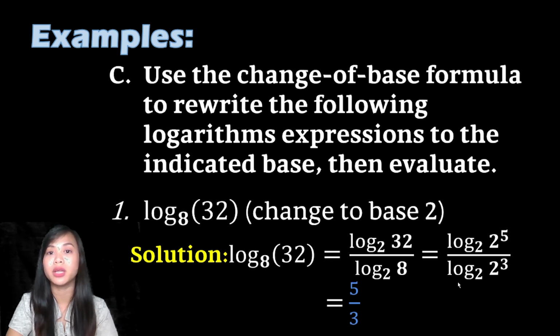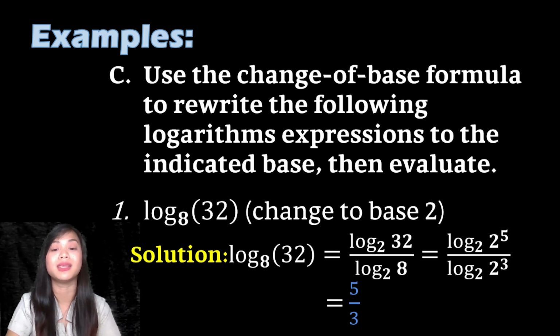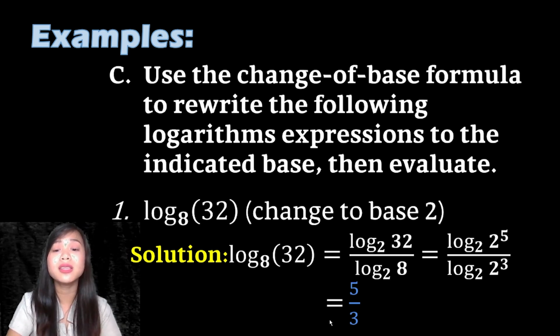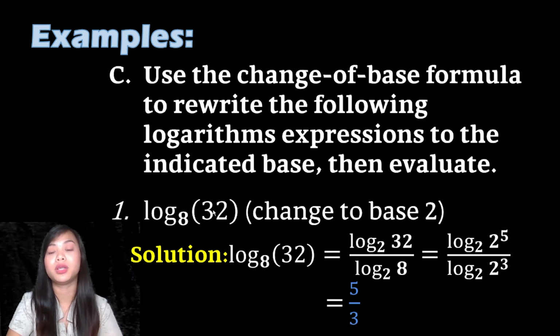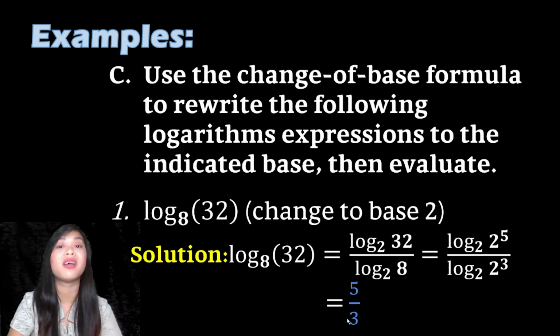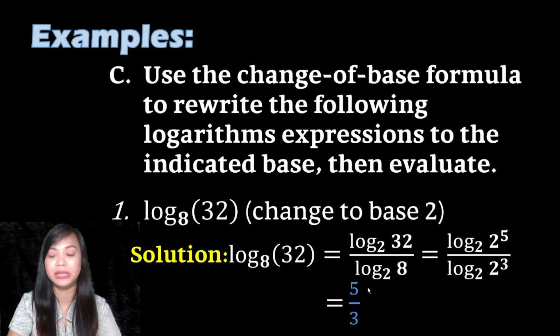This denominator is equal to 3, because when we bring down this 3, we'll have log base 2 of 2. Then log base 2 of 2 is equal to 1. Then 3 times 1, that is equal to 3. So the answer to log base 8 of 32, when we change it to base 2, will become 5 over 3, or 5/3.